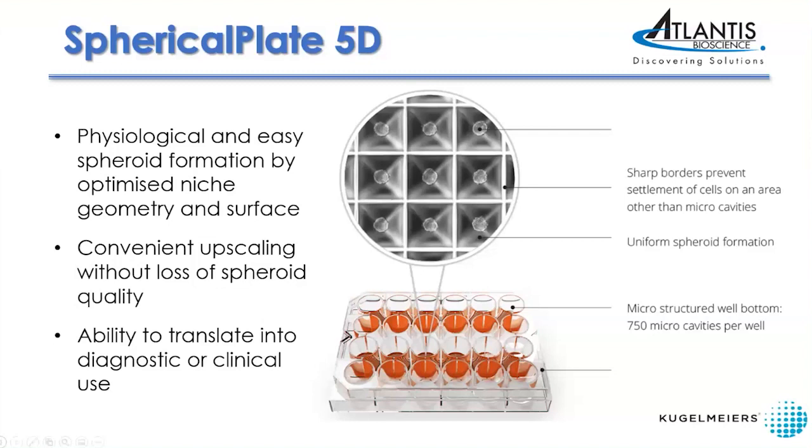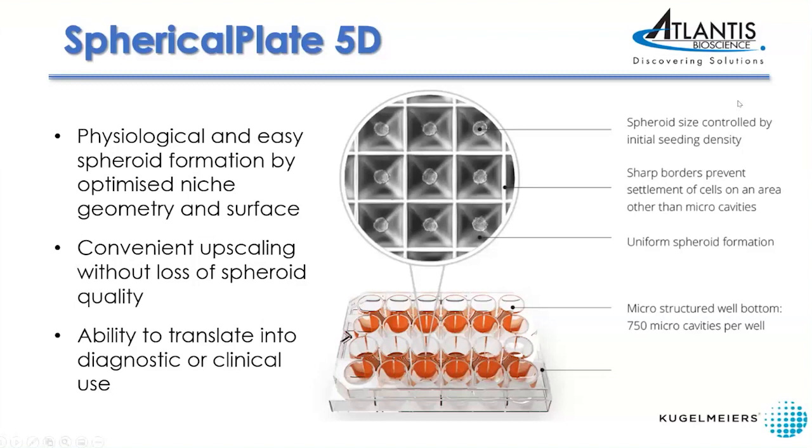Basically, this is a 24-well plate with 12 functional wells. Each well consists of 750 microcavities, so it will provide you with a total of 9,000 spheroids.